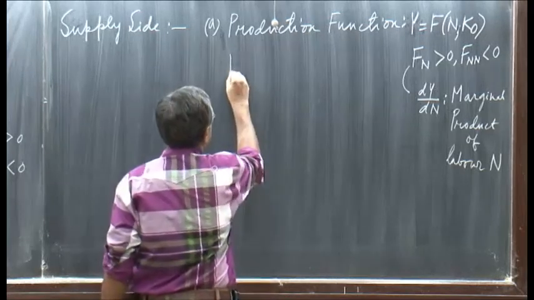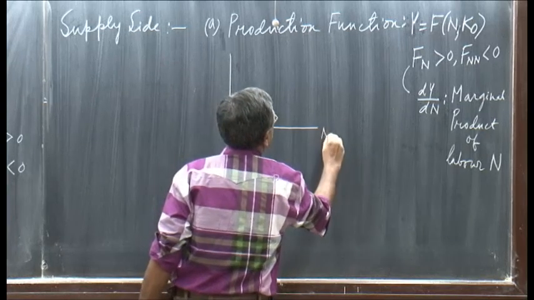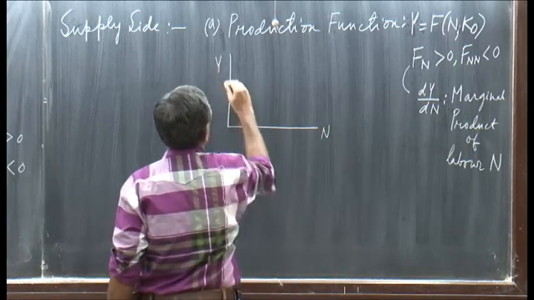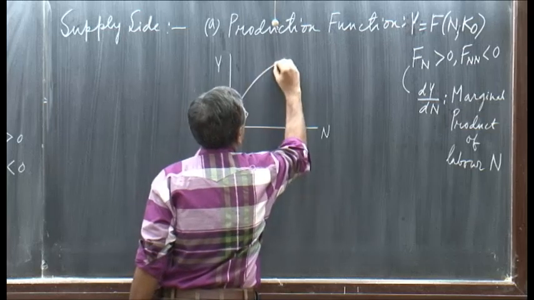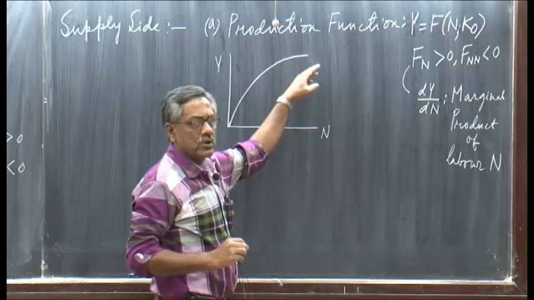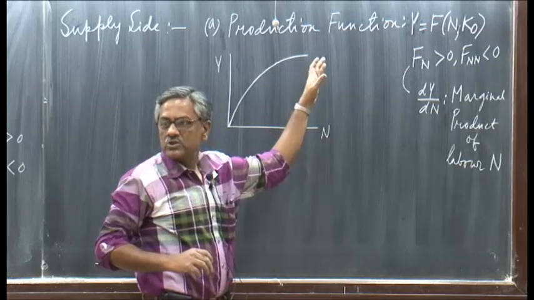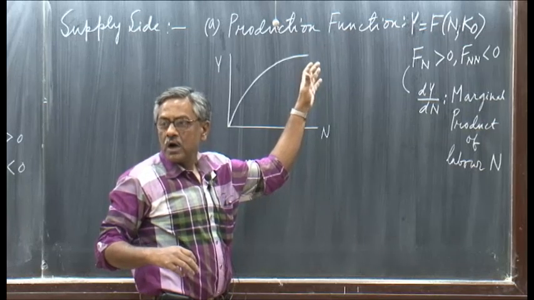So this production function looks like this, which I drew last time. N and y, if you have, starts at 0 point and it goes up like this. It may even reach a saturation point. Saturation in the sense it may peak, after which if more people are hired, output may fall.